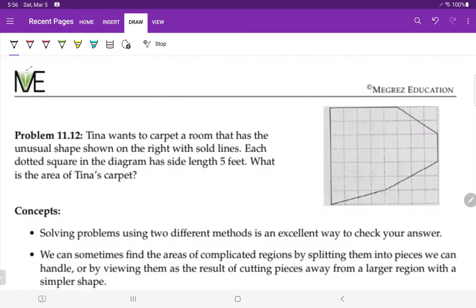We need to divide this big shape into rectangles and triangles, then use the formulas. The area is half times base times height, or base times height if you have a rectangle, width times length.